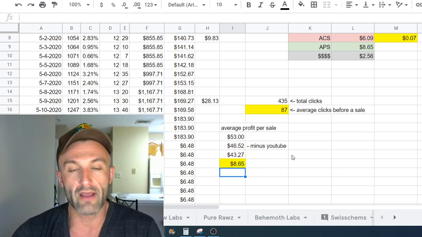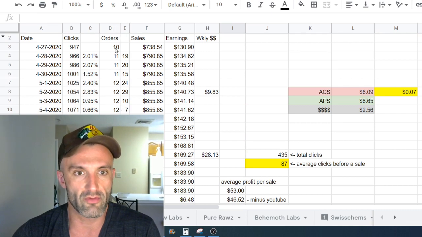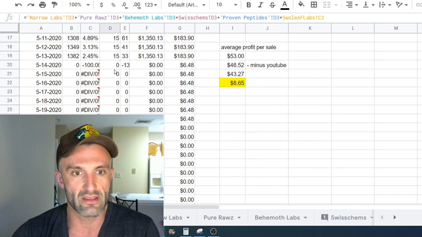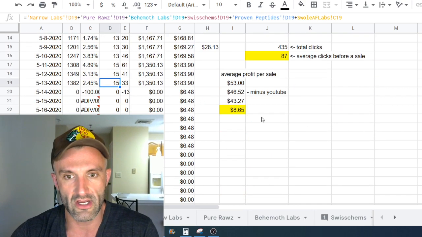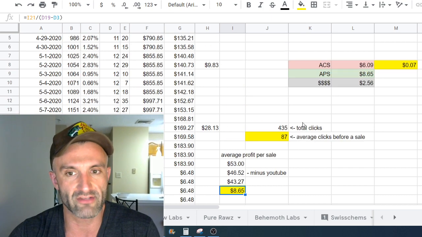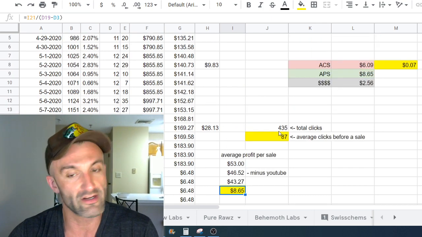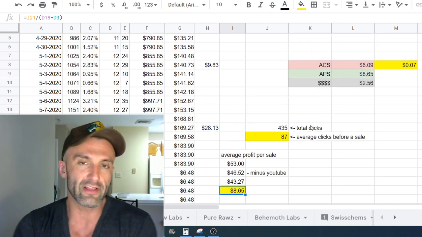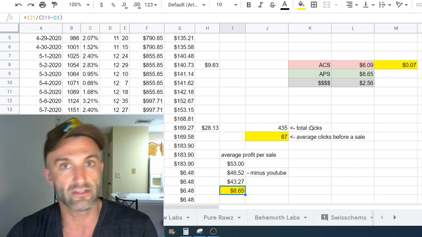It's divided by the total number of sales. If we come over here, we've got 10 sales, and then if we come down here, we have 15, so we've had 5 sales. So the average profit is $8.65.